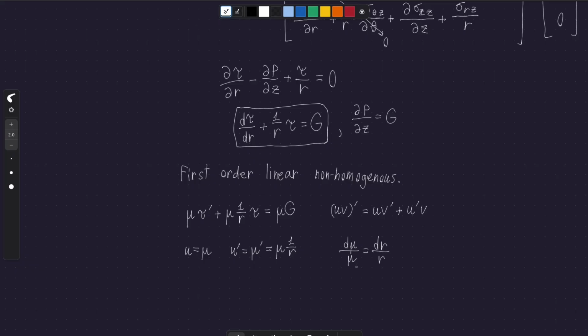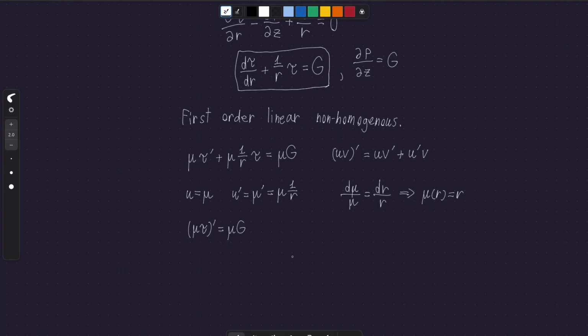You can see that I got this by splitting the derivative d mu over dr. And we see that these are equal on both sides, so actually mu of r is just r. Great. And now with this part of the formula, we can combine this together, write our equation in this form.